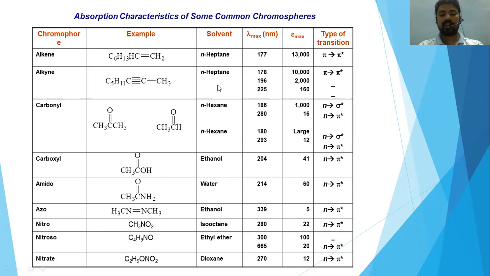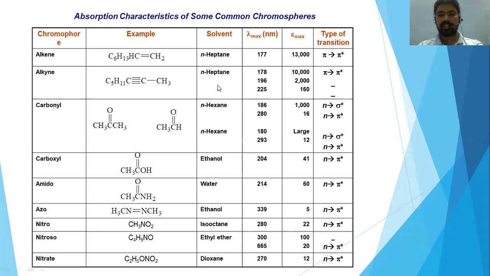Whenever a carboxylic acid, in this case acetic acid, is dissolved in ethanol, it will exhibit an absorption band at 204 nanometer wavelength value, that is the lambda max value.